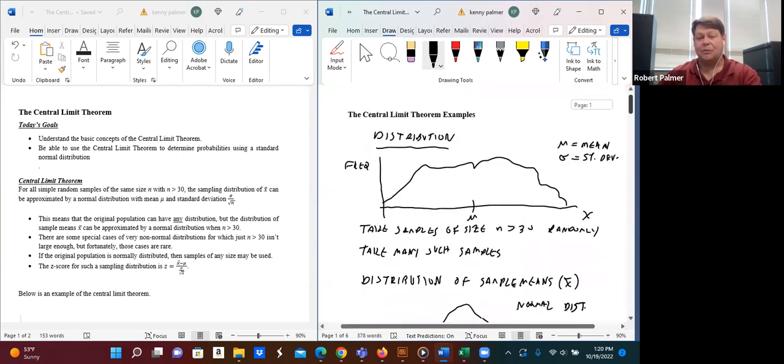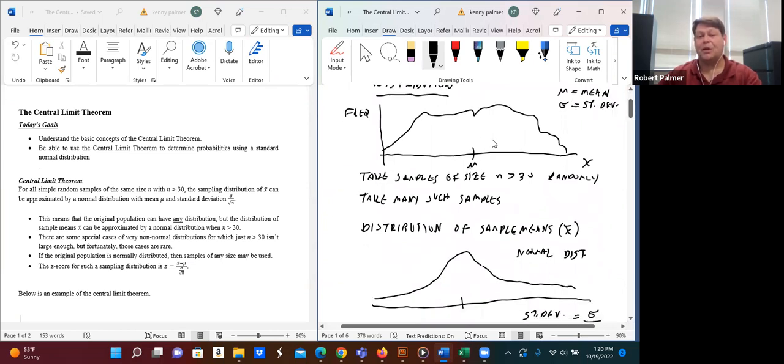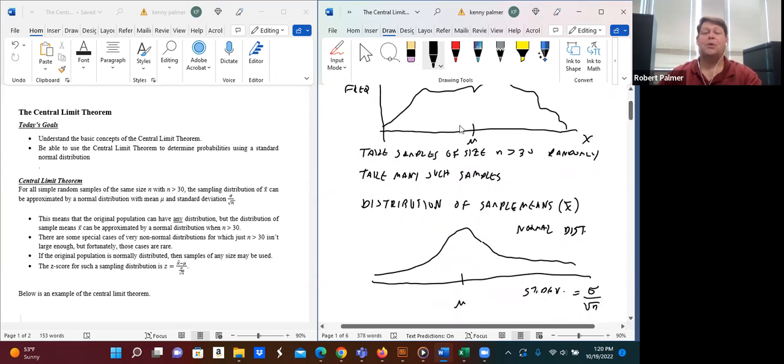But it allows us to take a sample of that population and approximate what that mean is, because as long as your sample size is greater than 30, whether you start with a normal distribution or not, the sampling distribution, which is made up of all the means of all the possible samples of that size, has the same mean as the original population. And the larger the sample we take, the closer we can get to that mean. That way we can approximate what that true mean is.